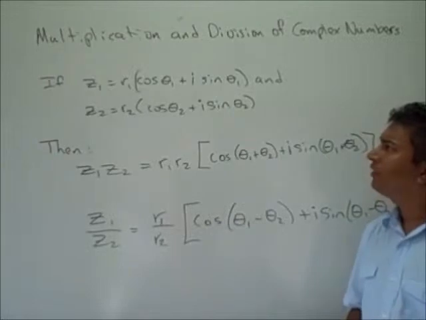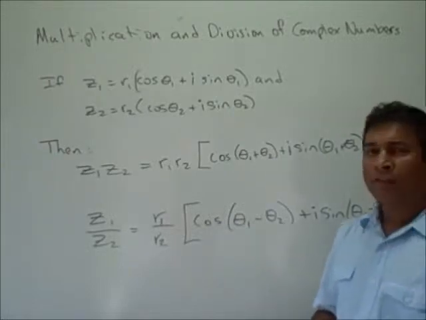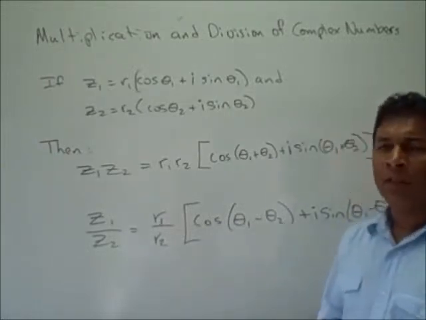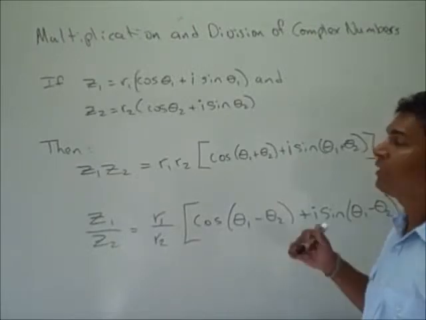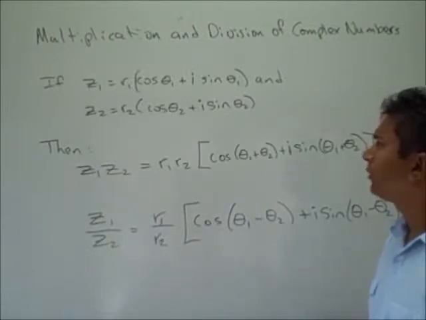Now one of the advantages of having a complex number in the trigonometric form is in the multiplication and division of complex numbers.